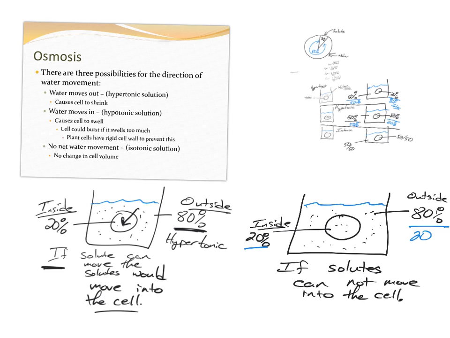It's 20% outside water. Why is it 20% H2O outside? Because outside has to equal 100%. 80 and 20 equal 100. So inside, it's 20% solute, so it's what? 80% water. 80% water inside.